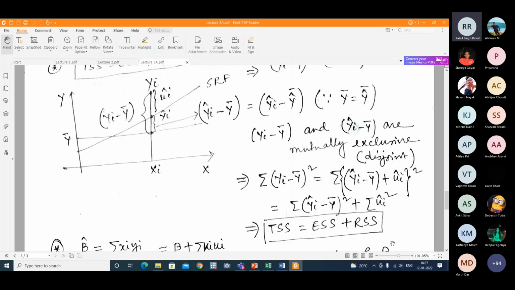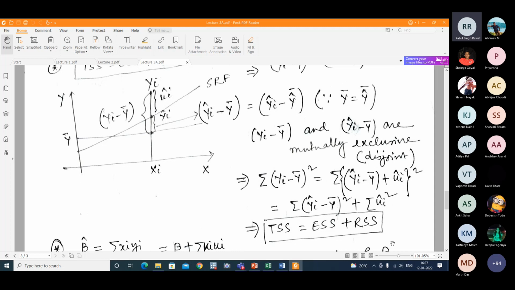But at the same time, as I said earlier, we will also be discussing that neither is it necessary for a model to have a very high value of R square, nor is it necessary that if a model has a low R square value, we will discard it.